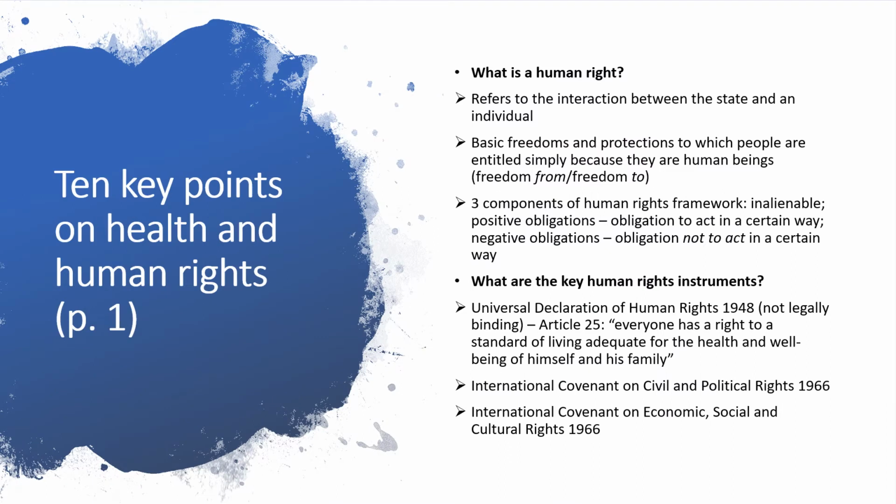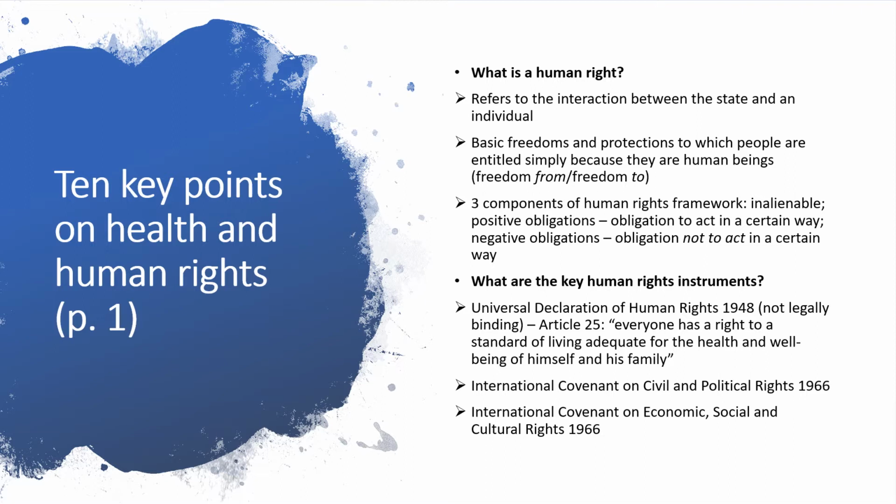First of all, what is a human right? A human right refers to the interaction between the state or the authority over a group of people and an individual. They include basic freedoms and protections to which people are entitled simply because they are human beings. Human rights usually come in two categories.